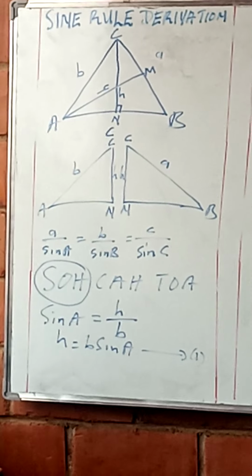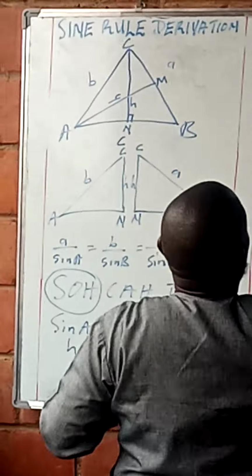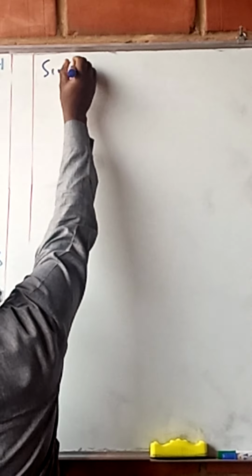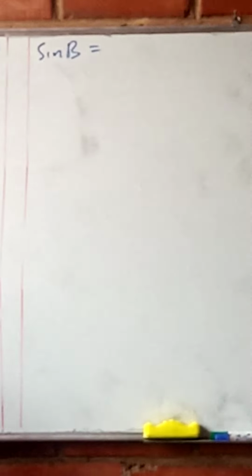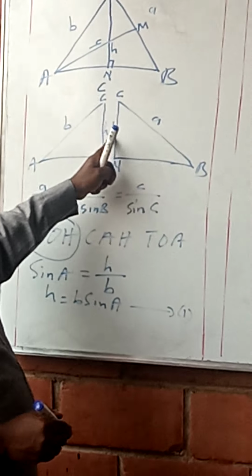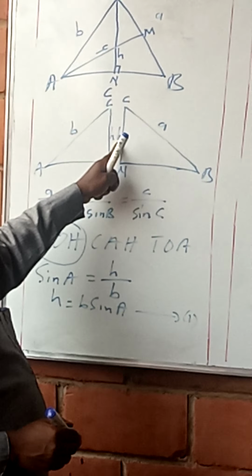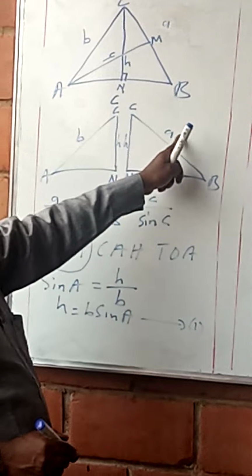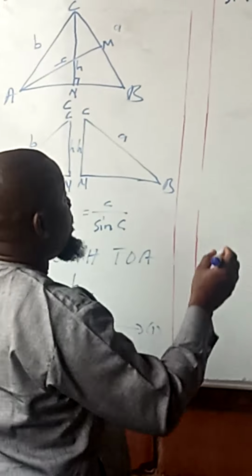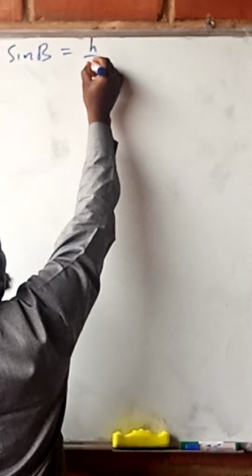Then you go for B now. So if you have sine B, you go to where you have B, which is h over a. This is your opposite, this is your hypotenuse. So your height over small a.